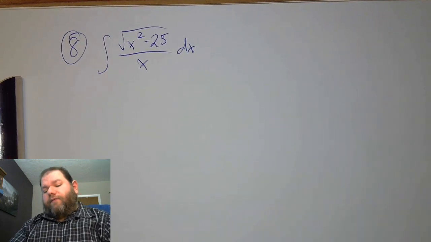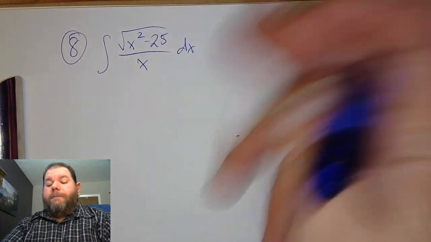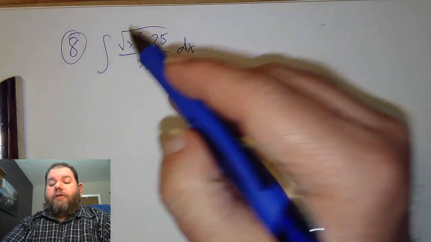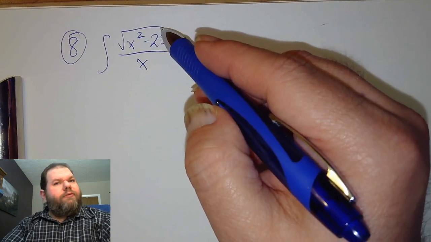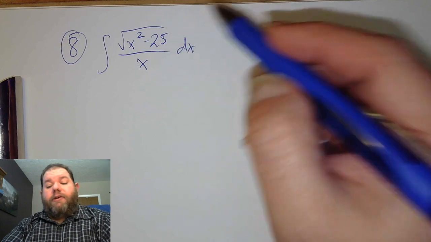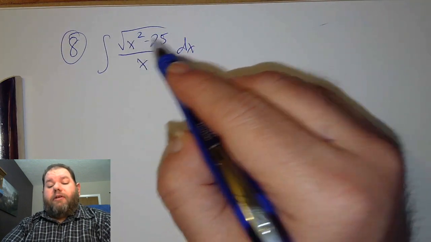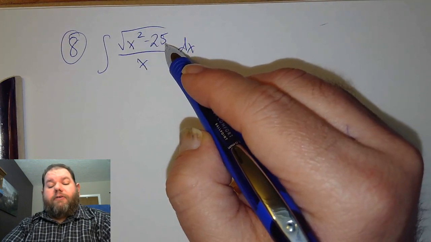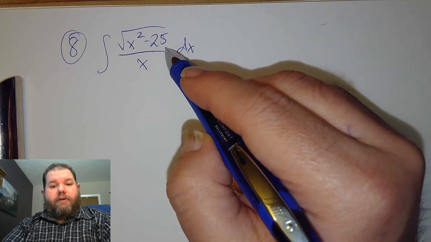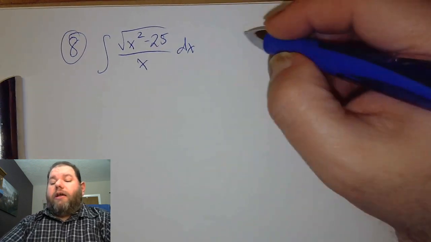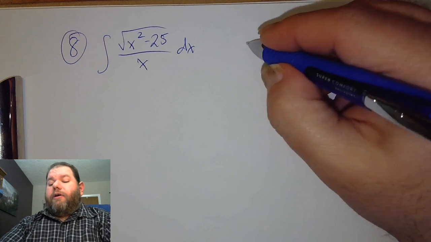Well, it's slightly different because, one, the square root's in the numerator, although it doesn't really change as much as we might think. But the other thing is that instead of having a number minus x squared, we now have x squared minus a number, and that does change how we set up our triangle.